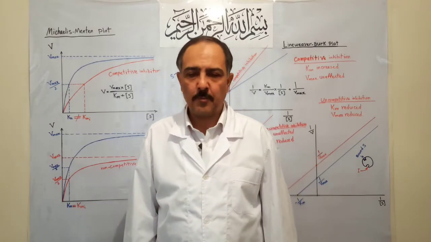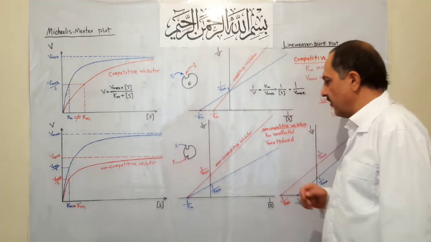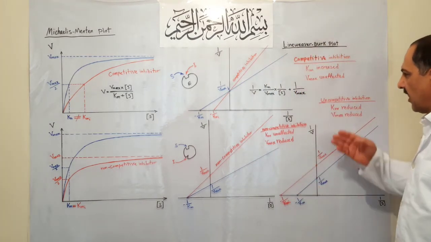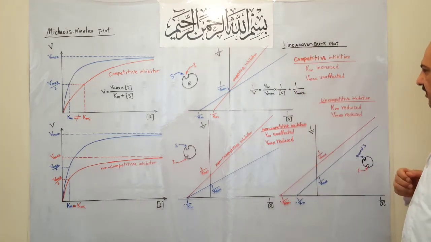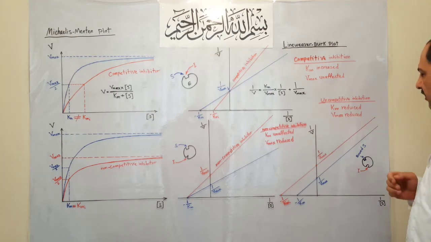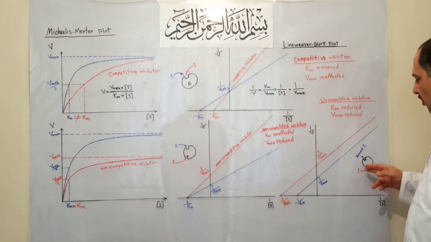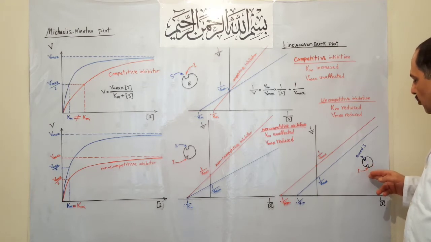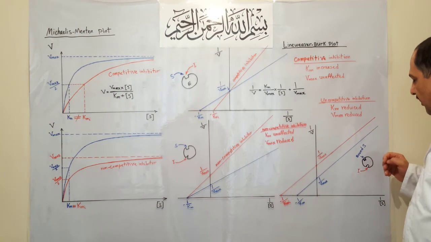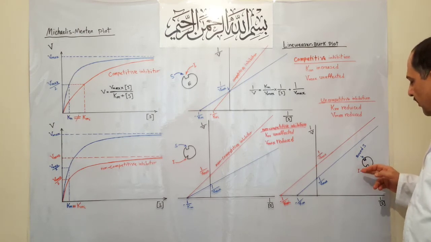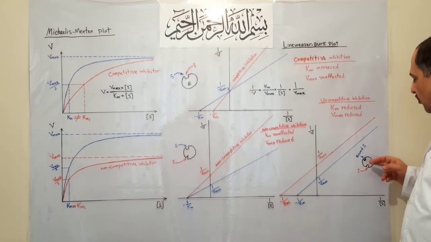A specific type of non-competitive inhibition is uncompetitive inhibition. In this type of inhibition, inhibitor only binds to bound enzyme, namely inhibitor only and exclusively binds to enzyme-substrate complex.